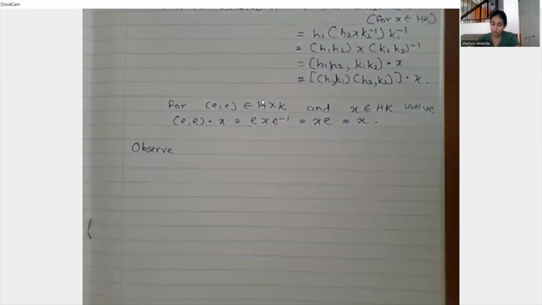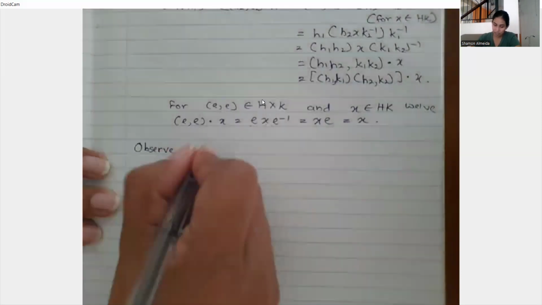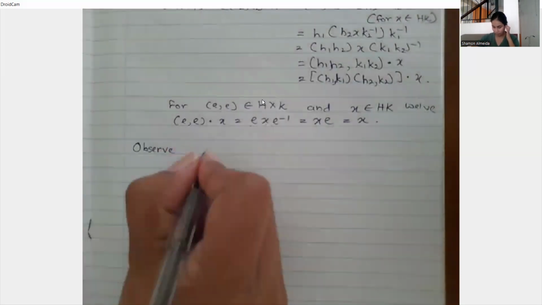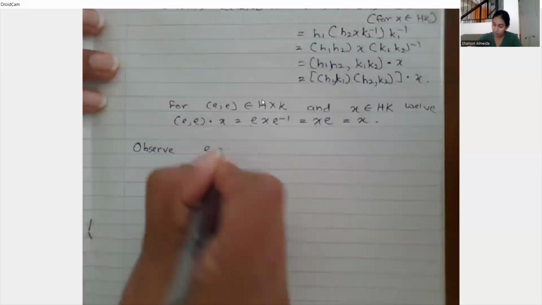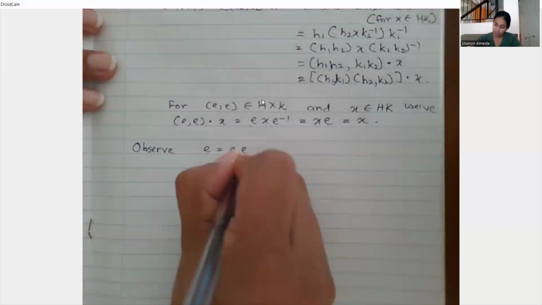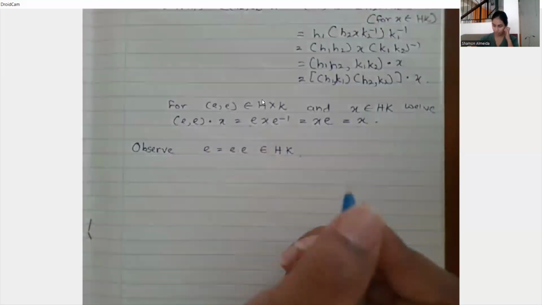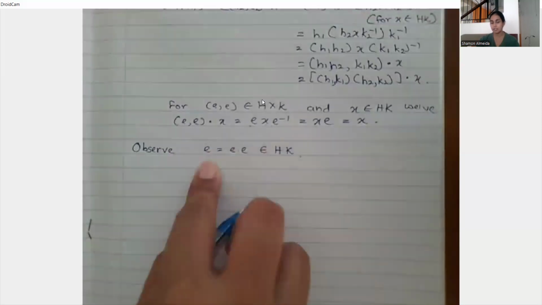And in order to do so, we will find the orbit of the identity. Orbit containing the identity. Observe that the identity is equal to identity times identity. Identity times identity is an element in HK. So the identity is an element in the set HK.